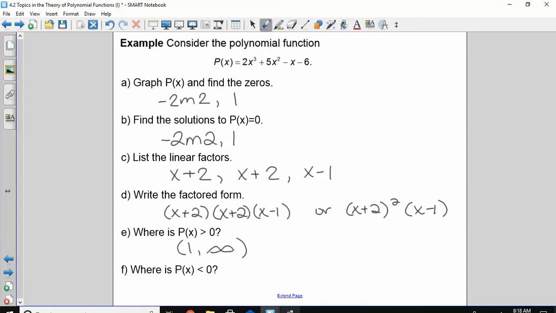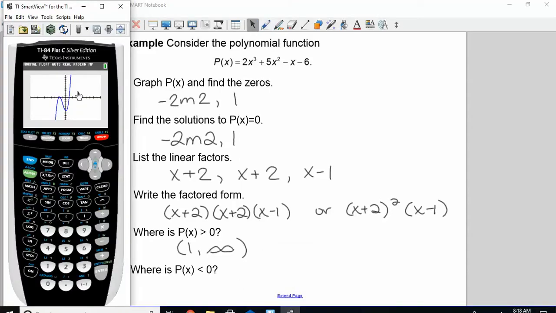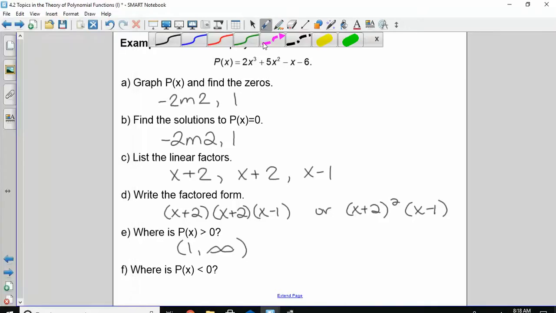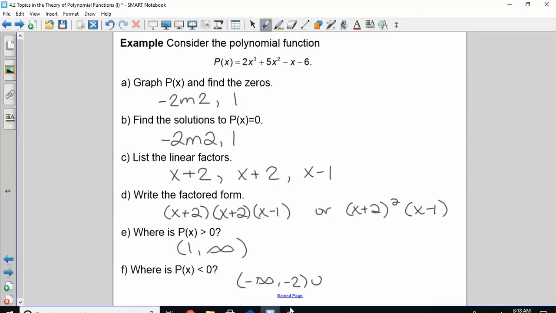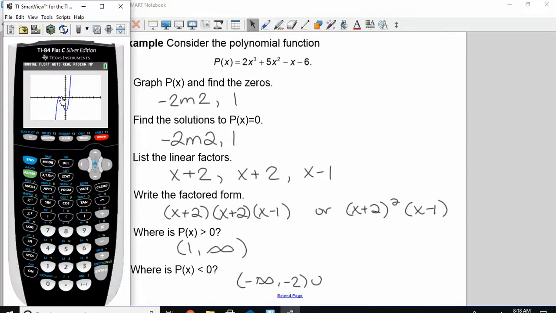Where is it less than 0? Okay, so it's less than 0 here, but we can't include when it equals 0 because I don't have an equal to. So I'm going to have to say from -infinity to -2, union from -2 to 1.